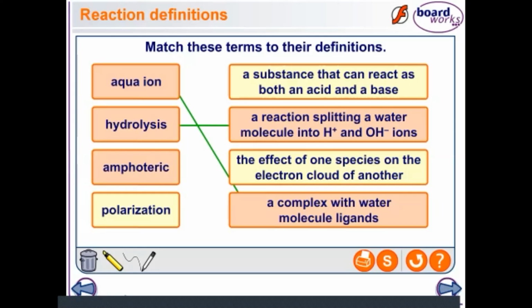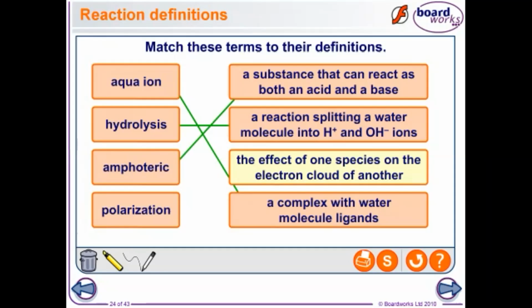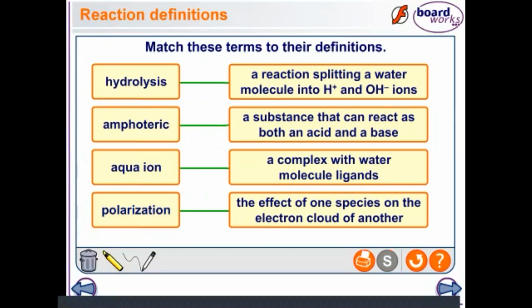Amphoteric. Galen. A substance that can react as both an acid and a base. And Leroy, polarization. The effect of one species on the electron cloud of another.